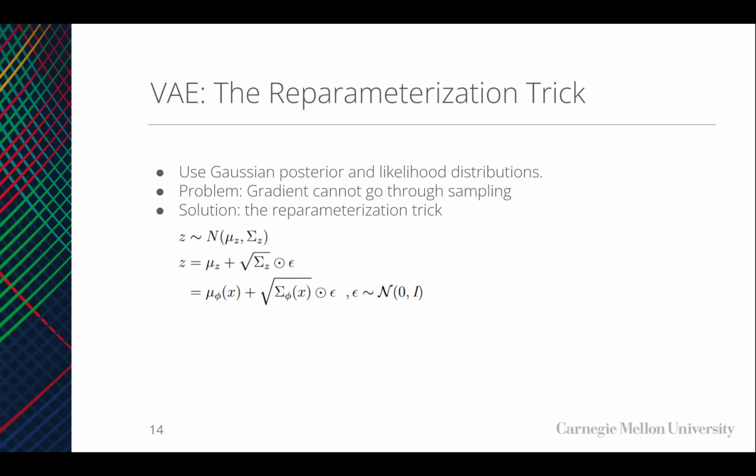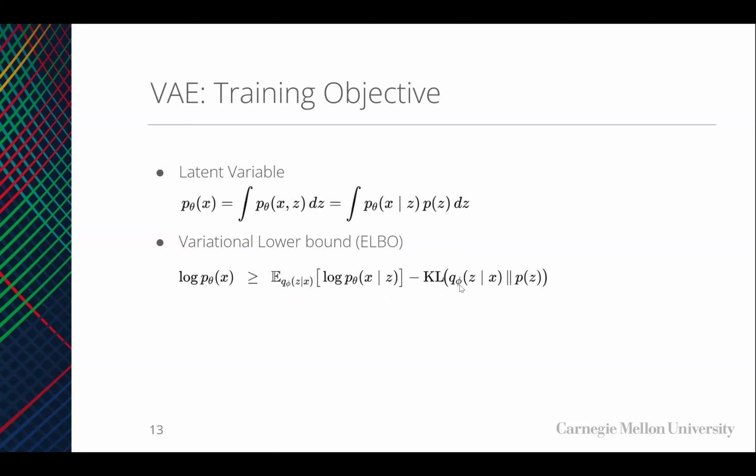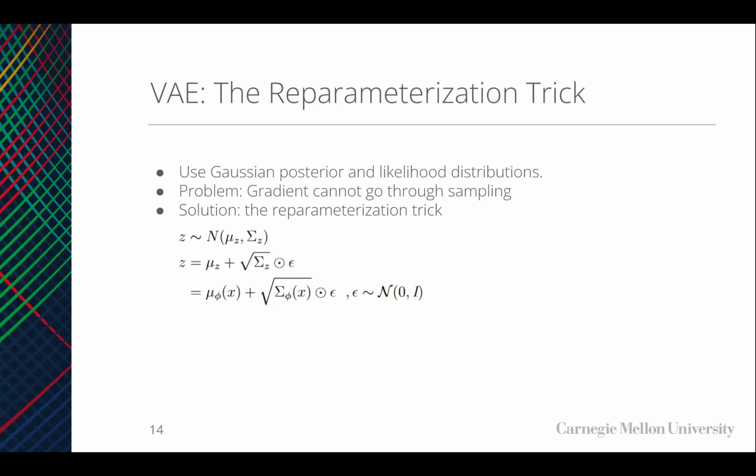So if we assume that we use Gaussian distributions for the prior and likelihood, we're going to have a problem, because Q is Gaussian, P is Gaussian, and if you do backpropagation, the gradient won't go through. The gradient is not defined because the sampling involves randomness; it should be deterministic. So the solution here is the so-called reparameterization trick, which means that if you have a Gaussian distribution with a mean and a variance, you can do the sampling by first sampling a variable from the standard normal Gaussian distribution.